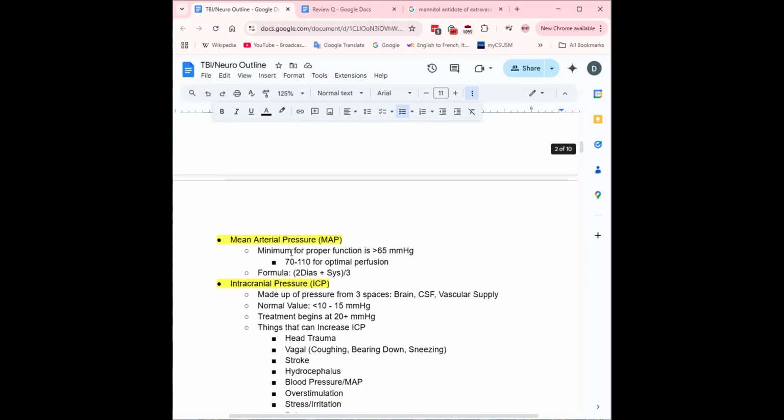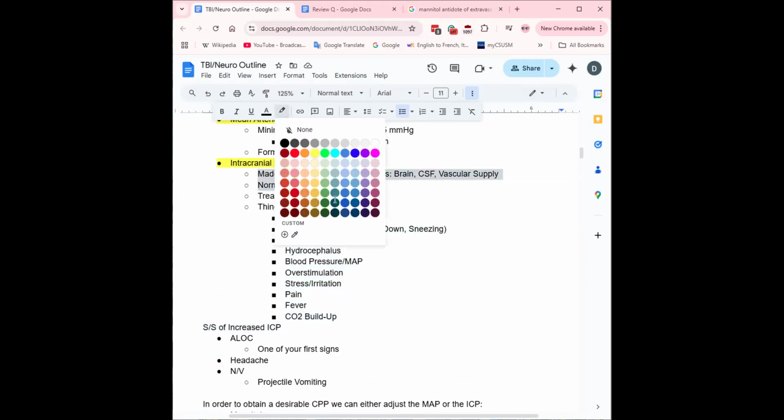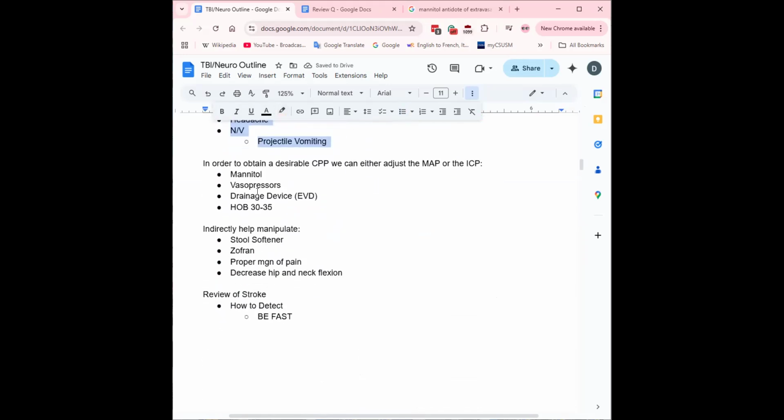And know your formula. Your MAP, we know that formula, we know what's normal. ICP, we know some of the things that can cause it to go up. We should know what's normal, and some of the signs and symptoms of increased ICP, and you guys gave some examples of things that we can do to adjust and manipulate the CPP.